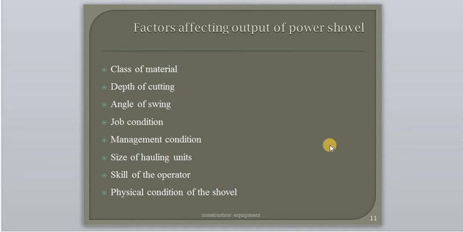Class of material, whether it is hard rock or soft rock; depth of cutting; angle of swing, how much angle is required; job conditions where it is used; management conditions, whether it has been properly managed; size of hauling units; and skill of operators, whether he can do the work in a faster or slower way and whether he has the knowledge for this; and physical condition of the shovels. These are the factors affecting output of the shovel.